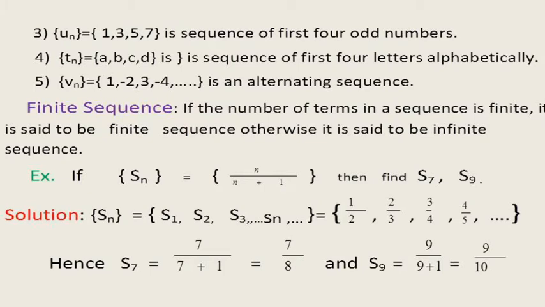Hence the 7th term can be obtained directly by putting n is equal to 7 in nth term. So it will be 7 upon 7 plus 1, that is 7 upon 8. Similarly, ninth term can be obtained by putting n is equal to 9 in nth term. So S9 is equal to 9 upon 10.